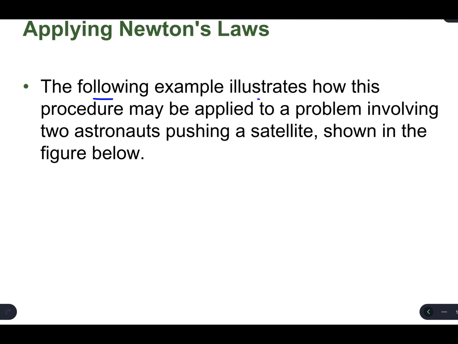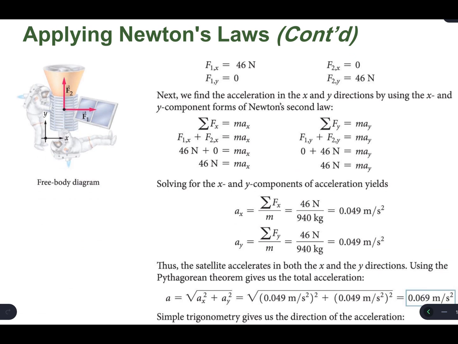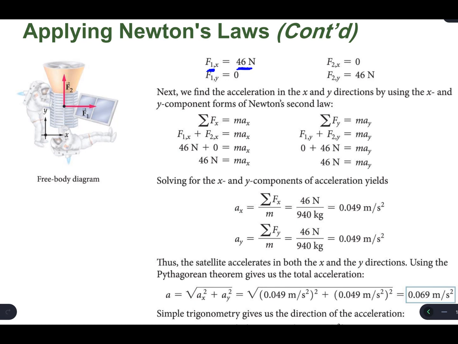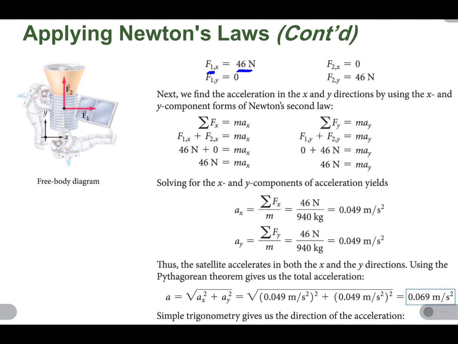The following example illustrates how this procedure may be applied to a problem involving two astronauts pushing a satellite shown in the figure below. Let's go to the figure. Here he gave me F from astronaut 1 in X direction, 46 Newton. And from the first astronaut, there is no force in Y direction.